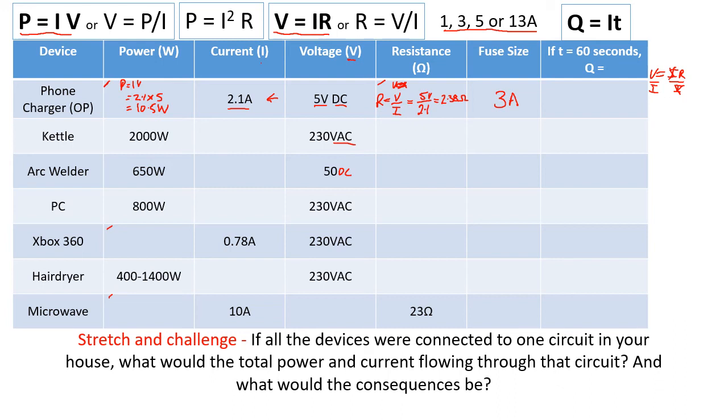Okay, so the last one here is Q equals I T, so how many coulombs, and we've been given the time, so we've been told T equals 60.